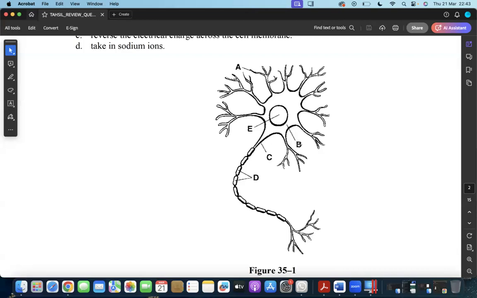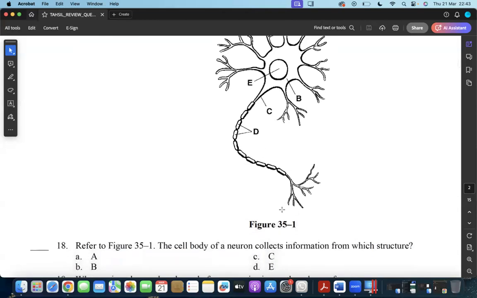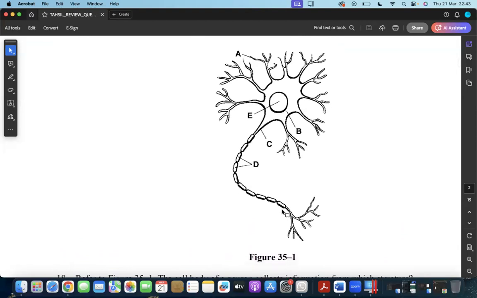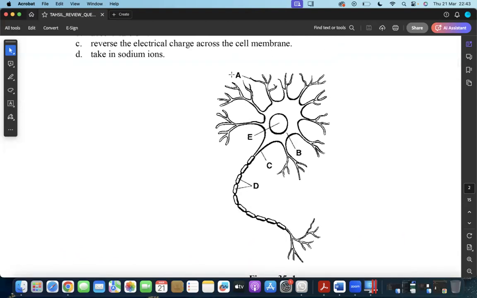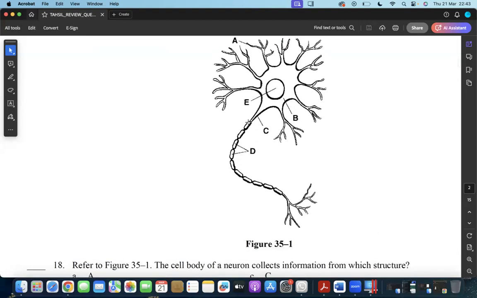And this is a subbody, could not also be. And these are the axons, which carry impulses across the nerve cell. So the most correct answer is the dendrites, which is here, which is A.